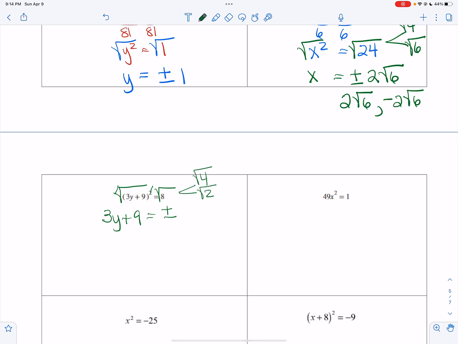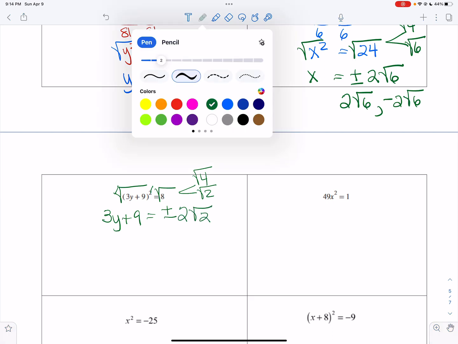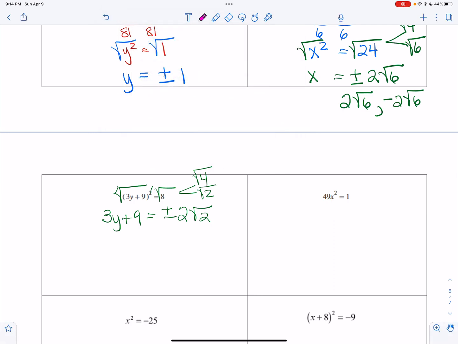The square root of 4 is 2. And the 2 stays in the radical. Now we subtract 9. That goes in front of the plus or minus. So 3y is negative 9 plus or minus 2 radical 2. And then we divide everything by 3.